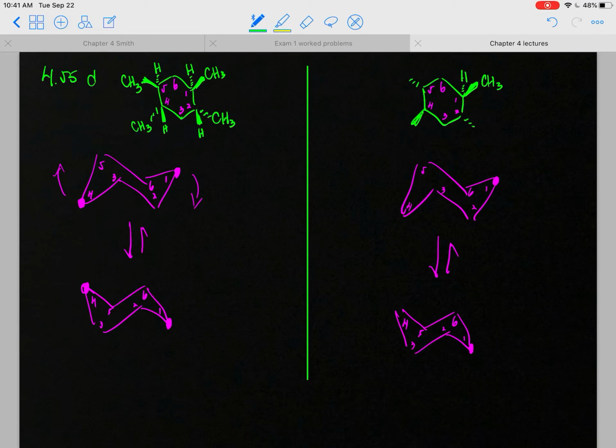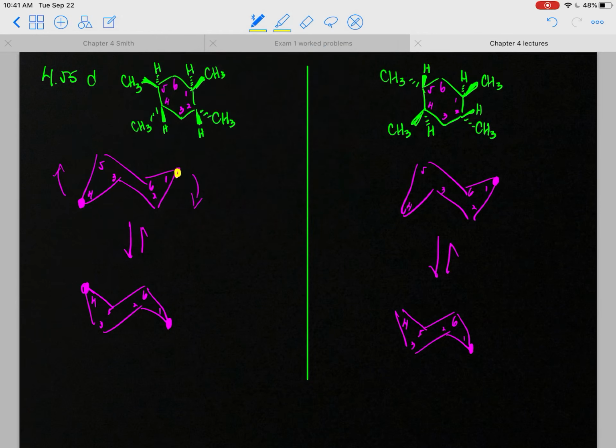So I'll clean up these structures and make them even more clear to my liking. This is only for clarity. You don't need to do this step as you get more and more advanced, but I like to be super clear for myself.